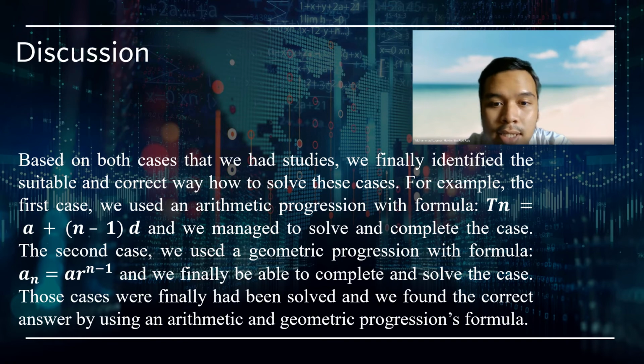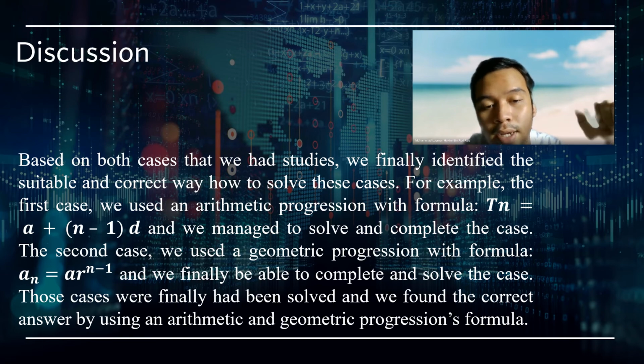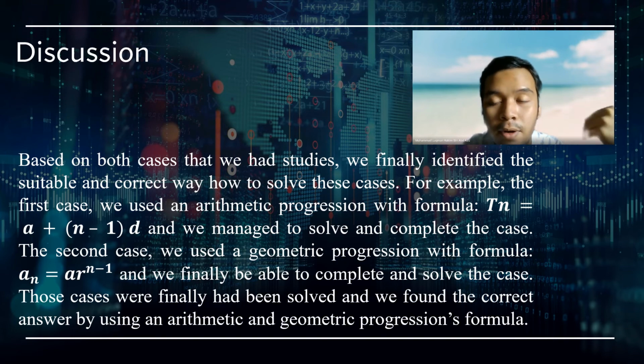For the second case, we use a geometric progression with the formula a_n equals a r to the power of n minus 1, and we were finally able to complete and solve the case. Those cases were finally solved, and we found the correct way and correct answer by using the arithmetic and geometric progression formulas.